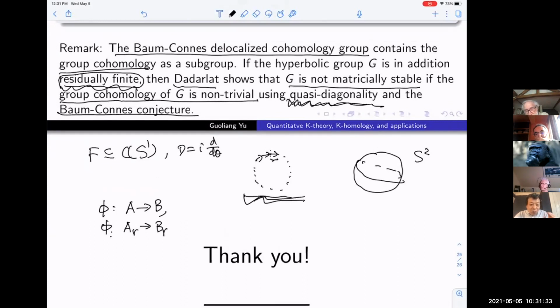But you cannot adapt that proof to the quantitative setting, because it only works in the category of idempotents, so you lose control on the filtration or the propagation.